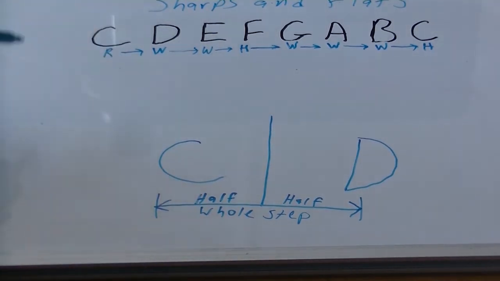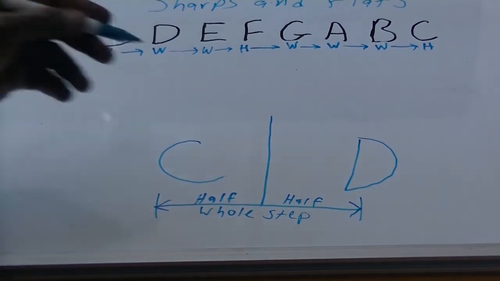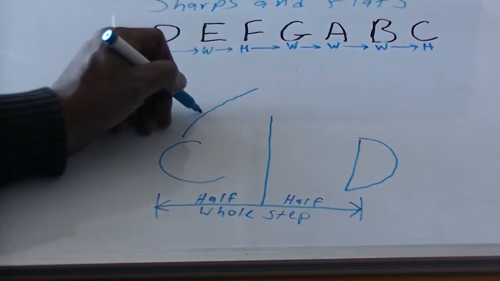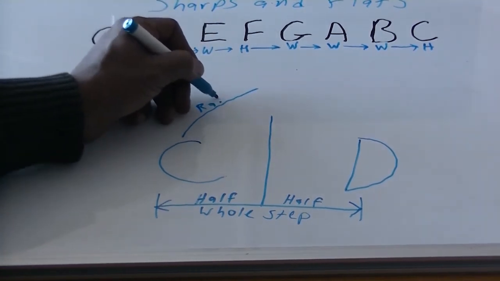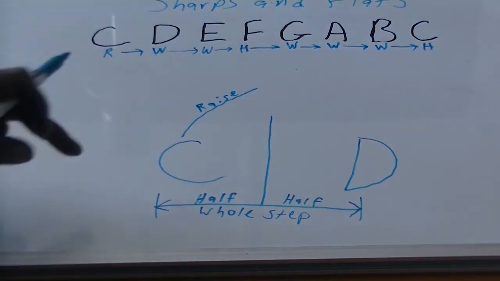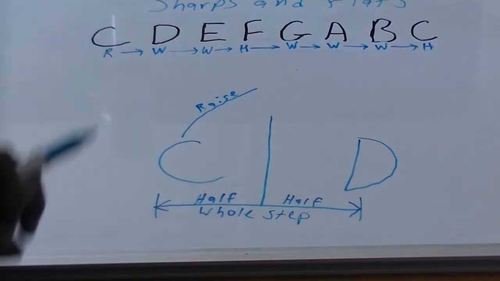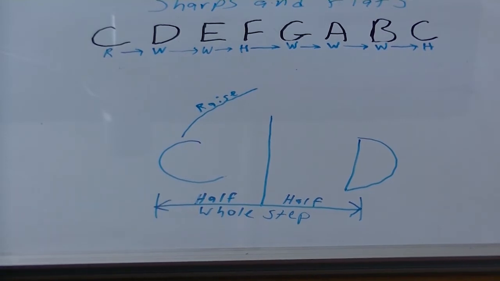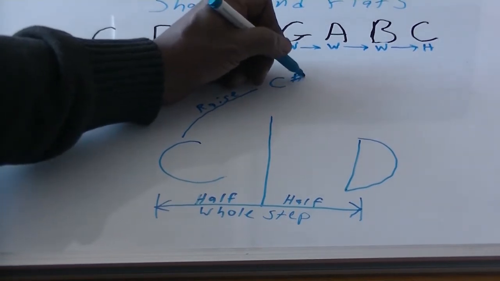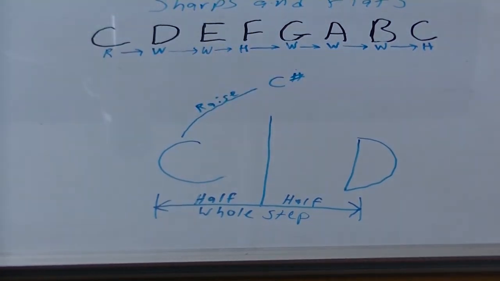Well, as I mentioned in the statements that I opened with, if you raise a note by a half step, you sharp the note. So now, if we take that C at the first fret and we raise it up by a half step, the note becomes C sharp.